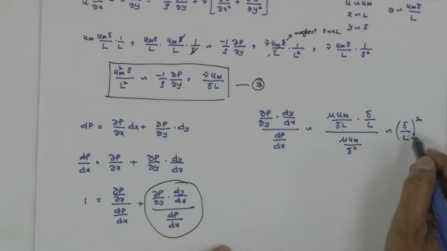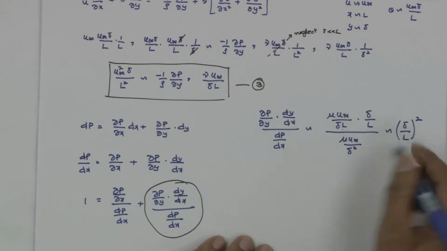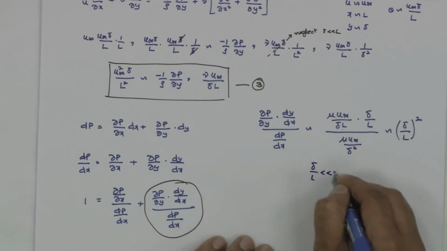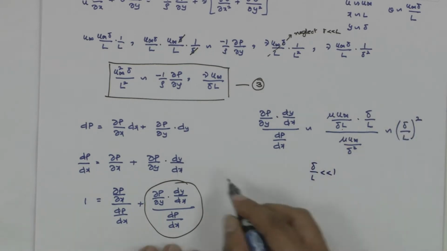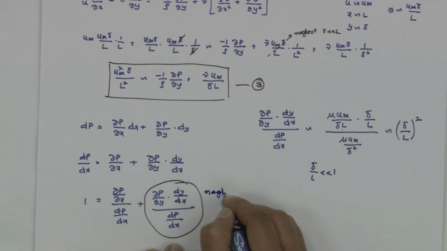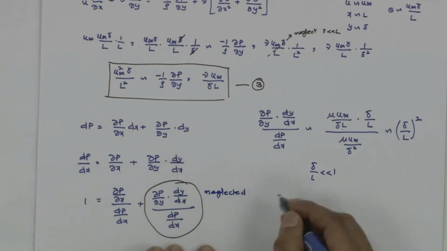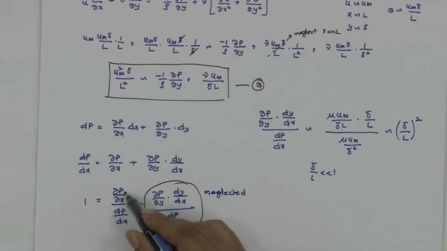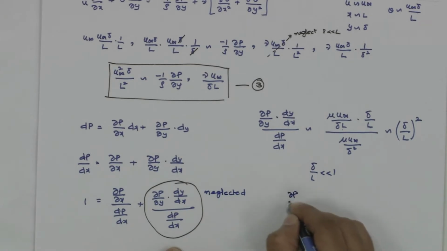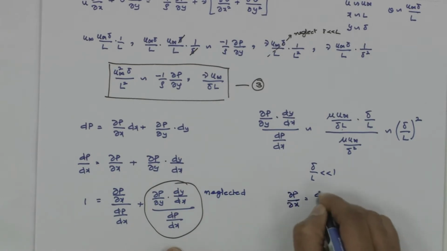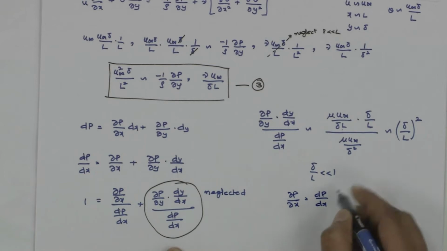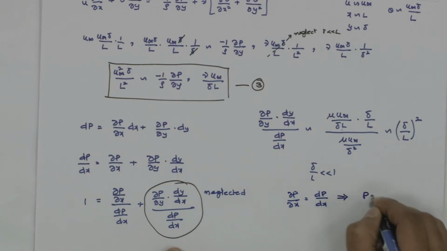But delta by L is very small, so this whole term is to be neglected. That means del P by del x equals dP by dx, which implies that pressure is only a function of x.